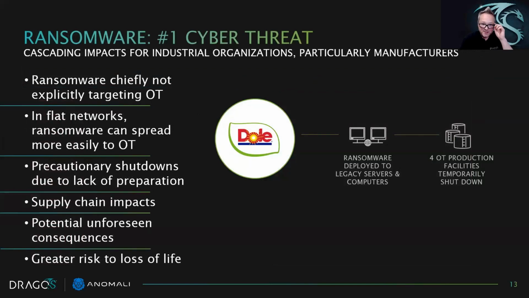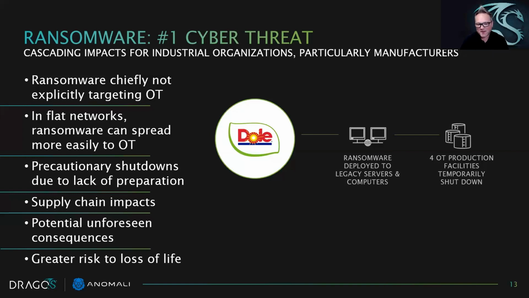Now, I've talked a lot about nation-state actors, but ransomware probably poses the largest threat to the industrial sector. Now, we don't see ransomware actors chiefly going after the OT environment. There have been cases where they have used an OT environment as their initial access point, and they have indeed modified the way they behave, knowing that they're in an environment which is very different to the enterprise IT world.